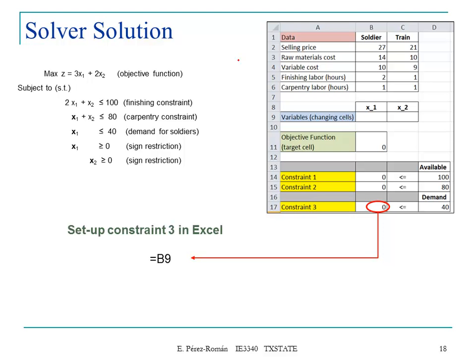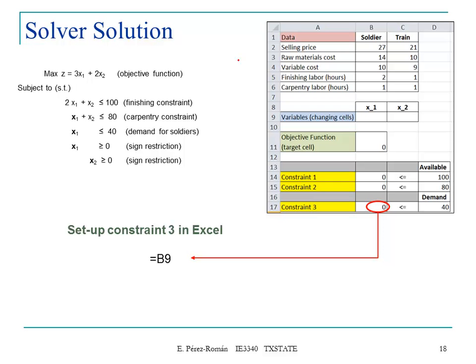Any questions? So if you're familiar with how to write formulas in Excel, that's what you need to do here. Just write the formula corresponding to each constraint, and the formula corresponding to the objective function. Then, once you have your formulas in the table, the last part is just to tell the solver to solve the problem.